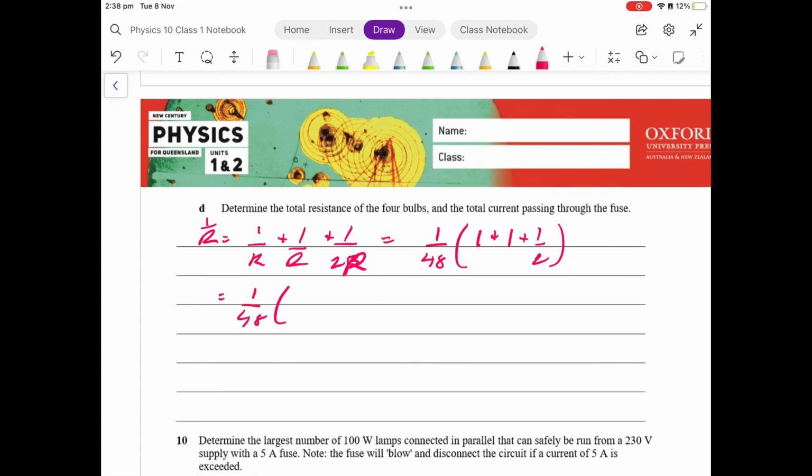So that's 1 over 48 times 2.5, which means the total resistance is 48 over 2.5, which would be 19.2 ohms.